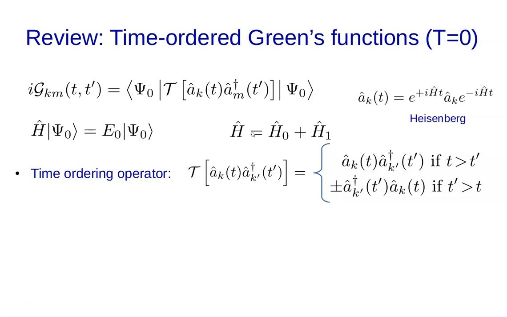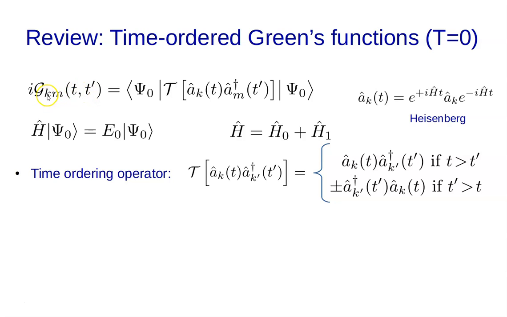Alright, so let's start by reviewing the time-ordered Green's functions that we saw in the previous class. There we defined the time-ordered Green's functions at zero temperature as the expected value, over the ground state of the Hamiltonian H, of the time-ordered sequence of a_k at time t and a_m dagger at t prime, where we're labeling the Green's functions with indices k and m, from t prime to t.